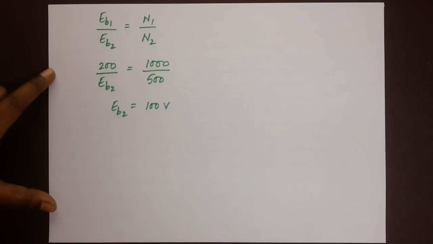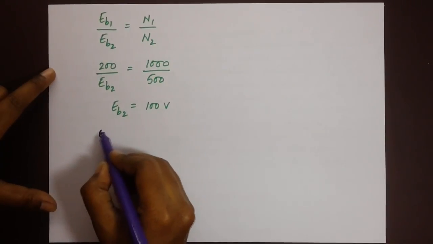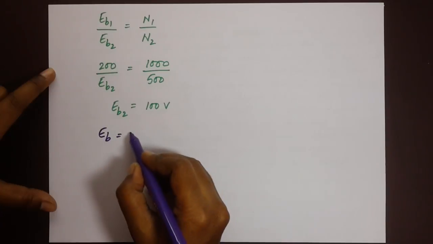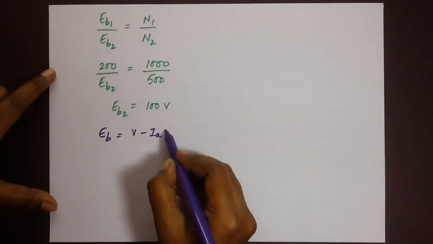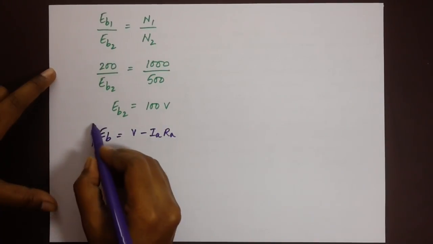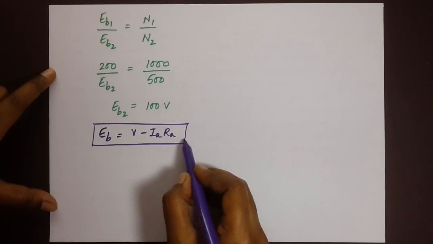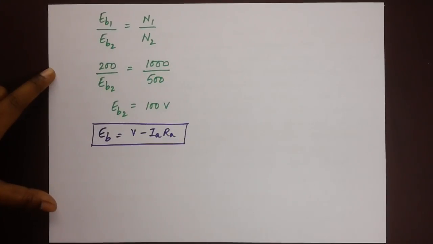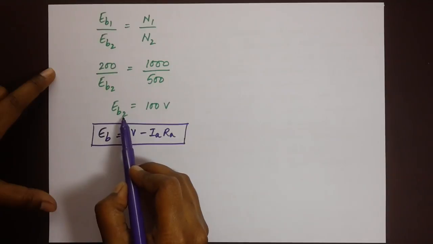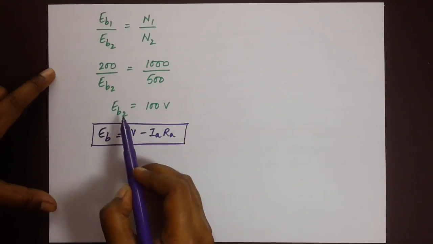Now we also have another relation in DC motor which corresponds to the back EMF, the voltage, the armature current and the armature resistance. I'm sure you're familiar with this. EB is equal to V minus IA RA. This is our EMF equation. Let's use this in terms of the second case, EB2.